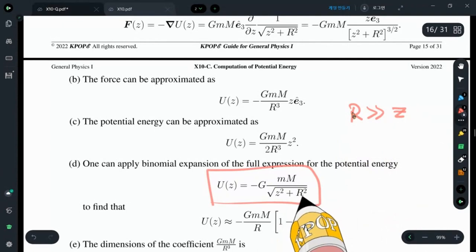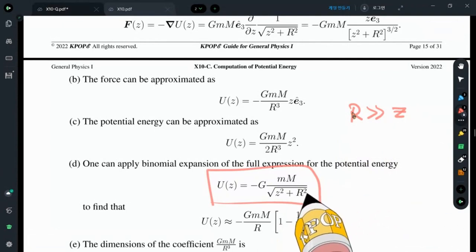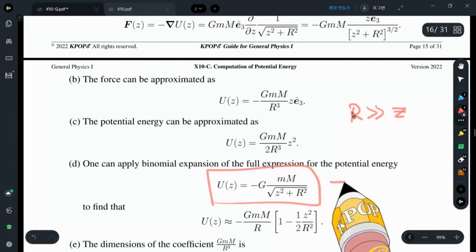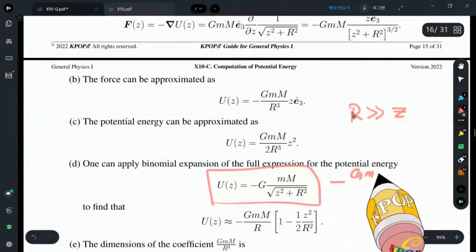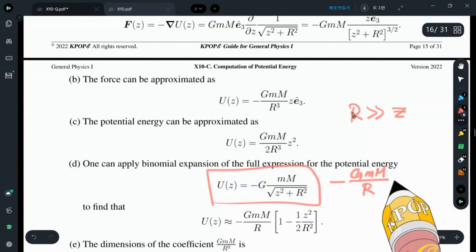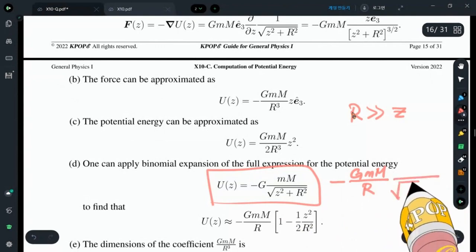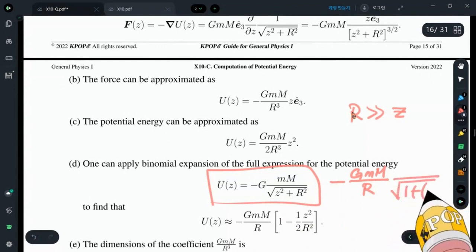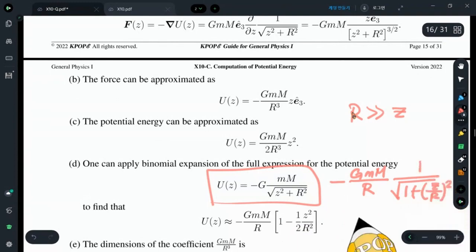In that case, I can factor this r out. That is GMm, and I can pull this r out. In that case, I have a square root of 1 plus z over r squared.